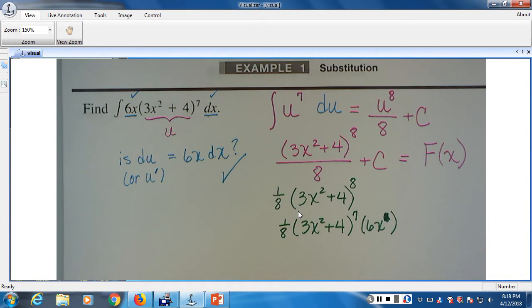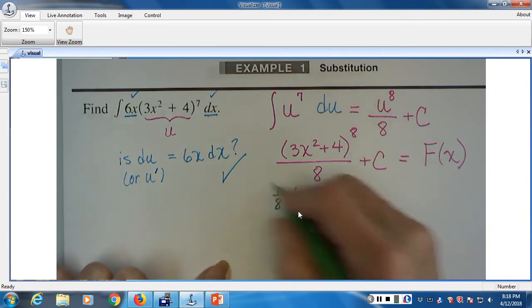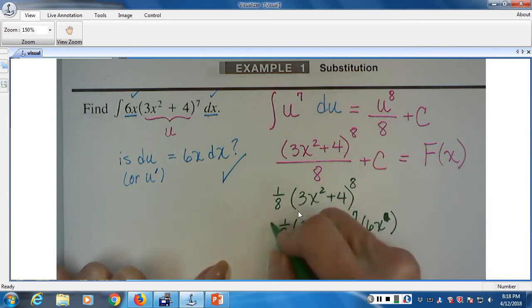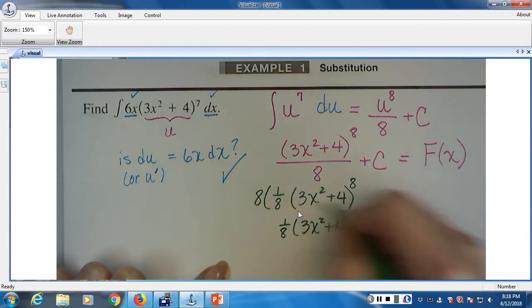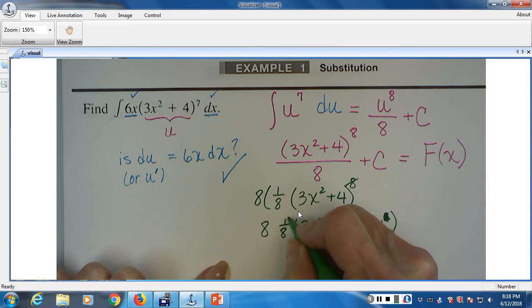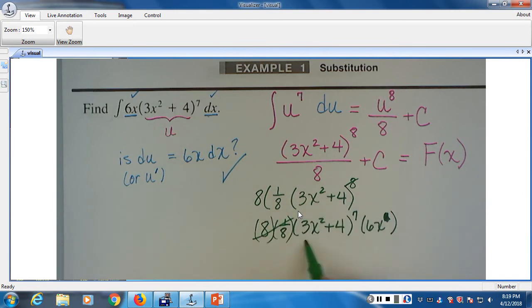Oh, yeah, because we would multiply it by 8. Sorry. Yeah, I didn't drop it down in front. I forgot to drop my 8 down in front. When I'm doing the derivative, it comes down here. Somehow my brain just locked up. So, yeah, that does disappear. And we do get back what we started with.